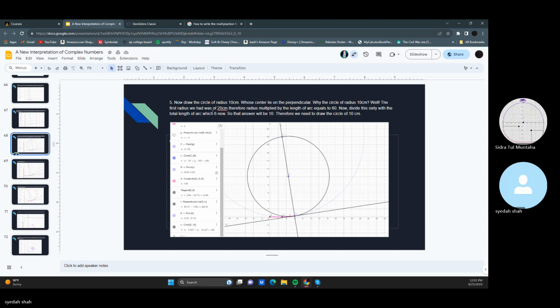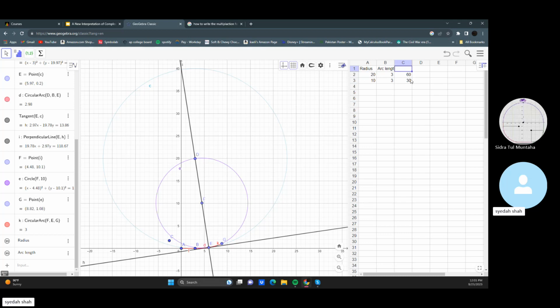Okay, now you can move back to the GeoGebra. So we need to divide by the total arc length. So the radius would be 10, I guess, because 30 divided, oh no, 60 divided by 6. Okay, so in the D column you can write the total arc length.